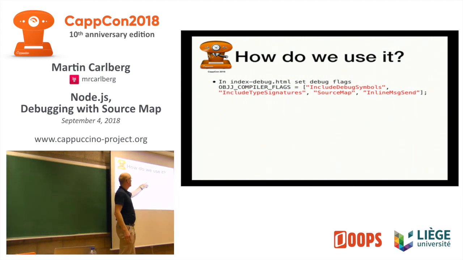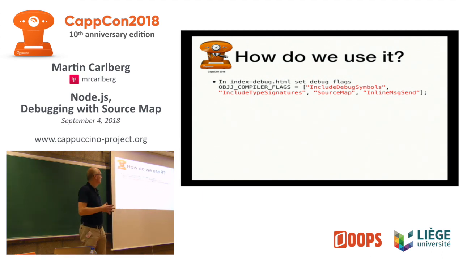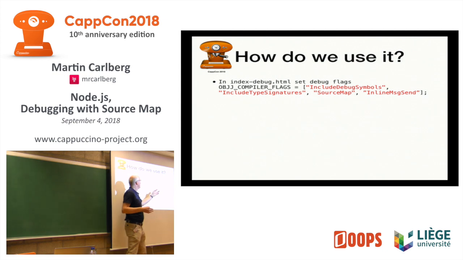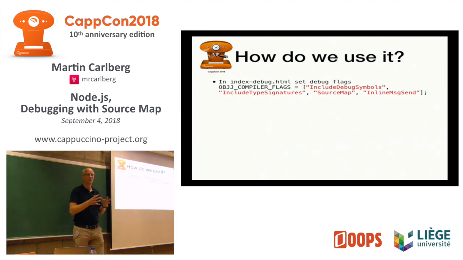I usually include the debug symbols and the type signatures, which is just a little bit more information in the generated code. And also, what we did a couple of years ago, we can inline message send methods. In the beginning, we actually called a function called message send, which will call the method.